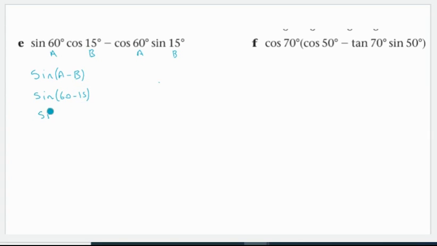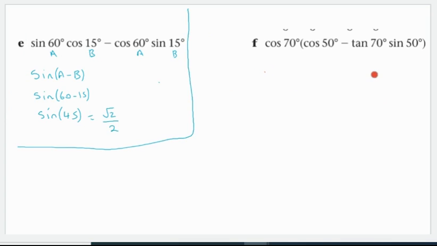So that's sine of 45. And sine of 45 degrees is going to be equal to root 2 over 2. Keep in mind that that's the same thing as cos of 45, which is also root 2 over 2 in the previous example that we did.